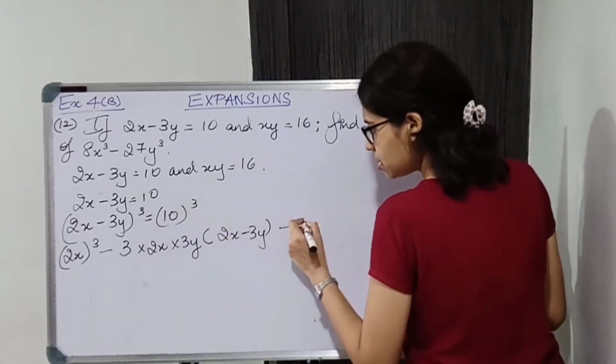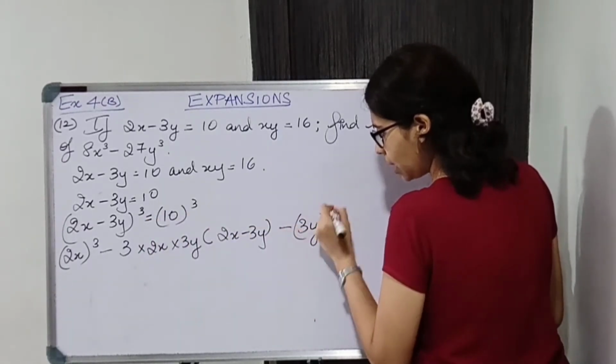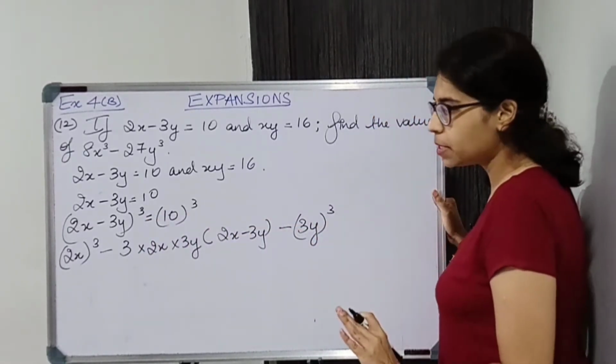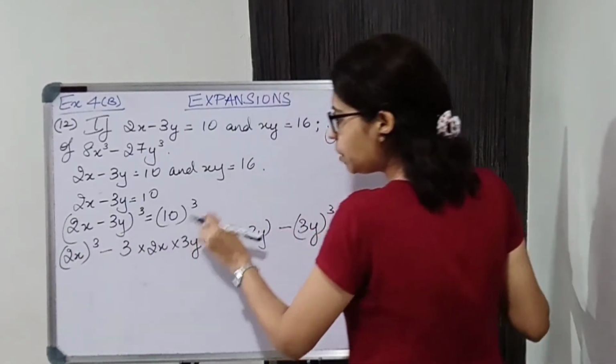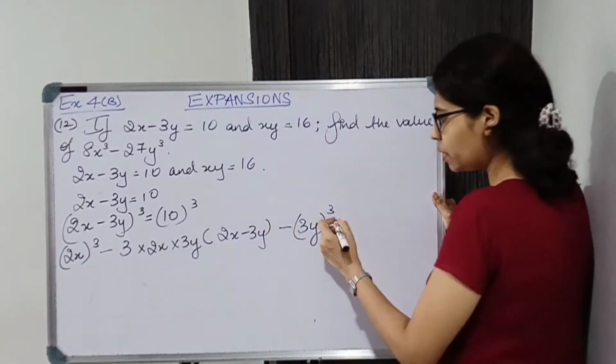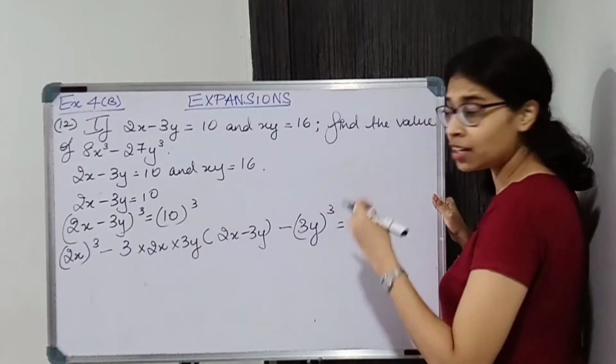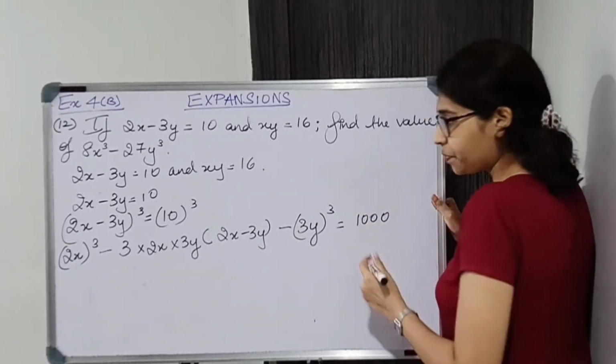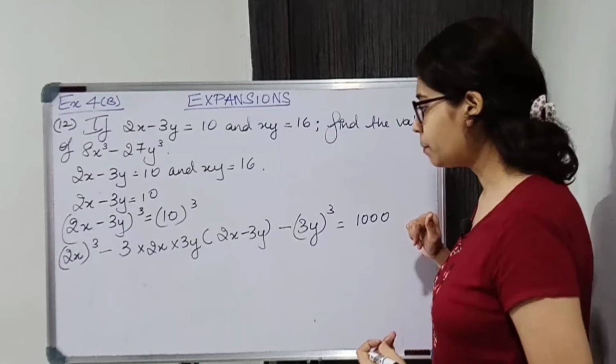So minus (3y) whole cube. Simple. a cube minus 3ab (a minus b) minus b cube is equal to 10 cube. 10 का cube is 1000. 3 zeros आ जाएंगे.